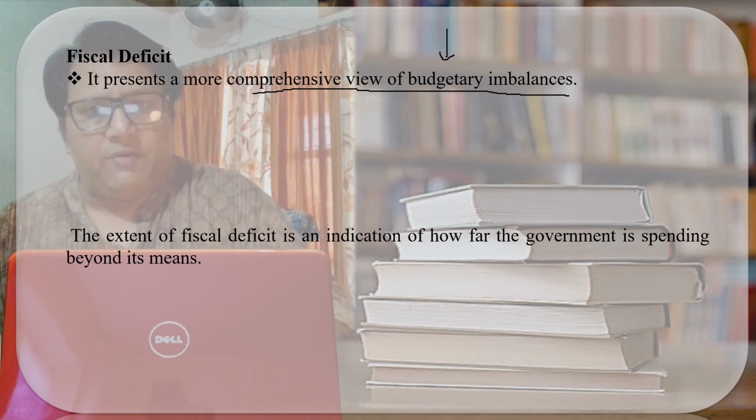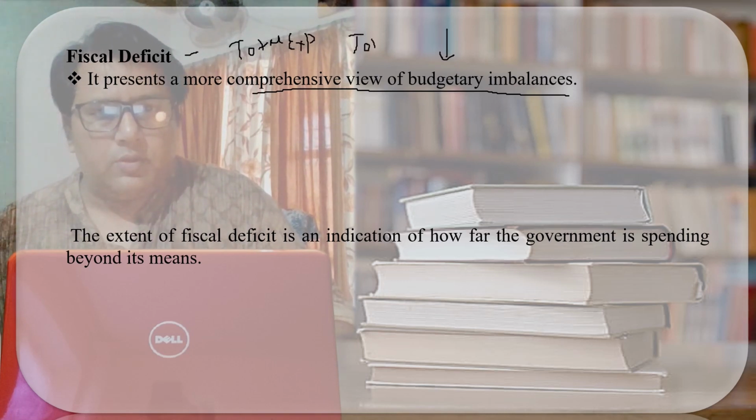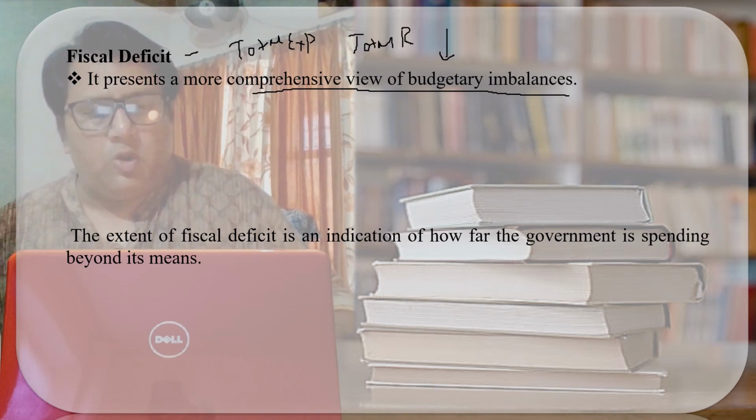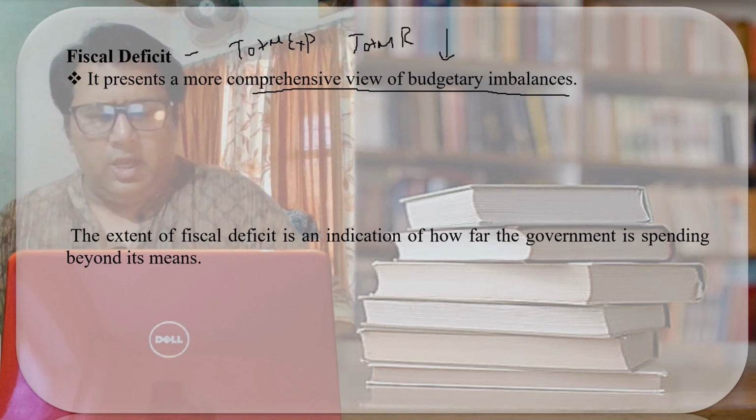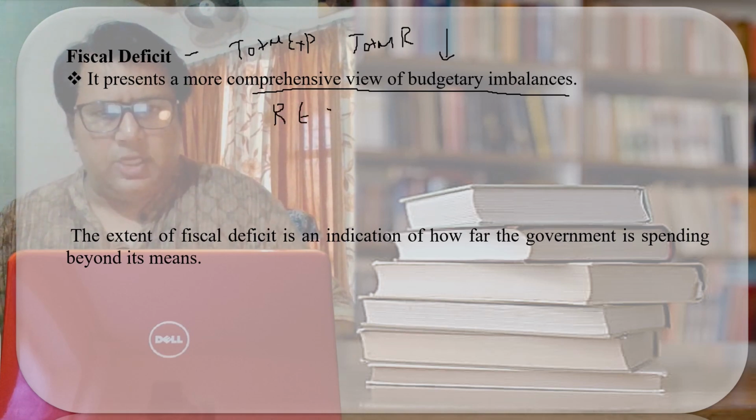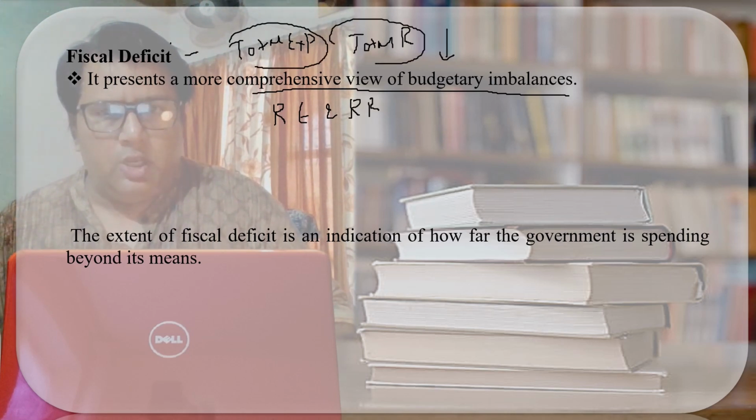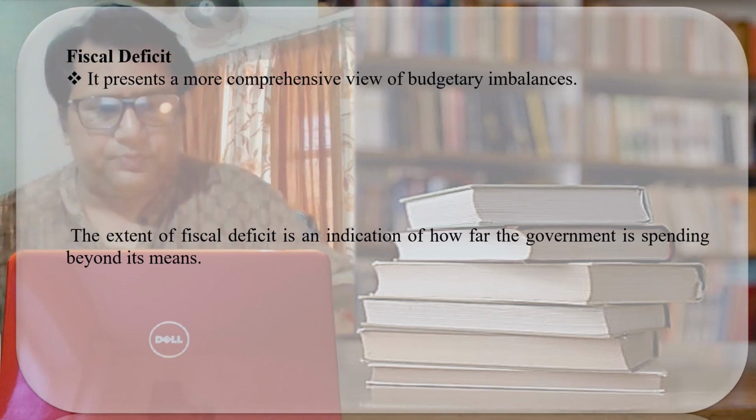Because under the fiscal deficit, we consider all expenditures and all receipts, which is not the case in the revenue deficit. In the revenue deficit, we only consider revenue expenditure and revenue receipt. But in the fiscal deficit, we consider total expenditure and total receipt. So the fiscal deficit gives a more clear picture of the budgetary imbalance.